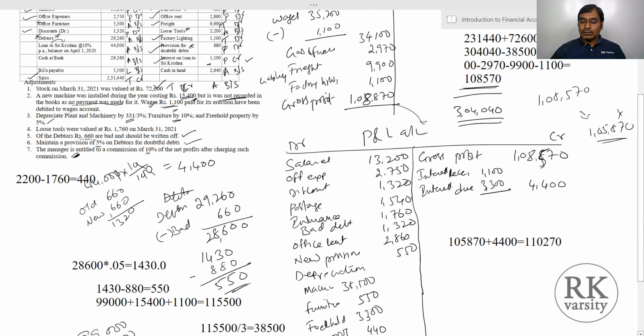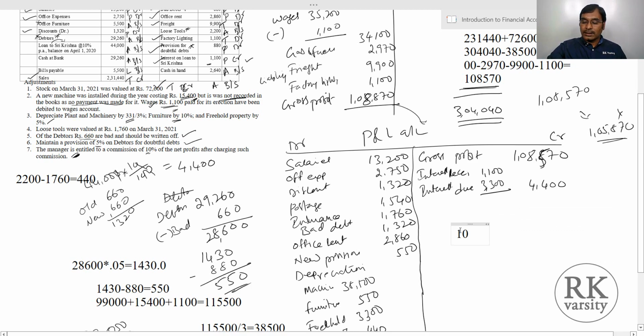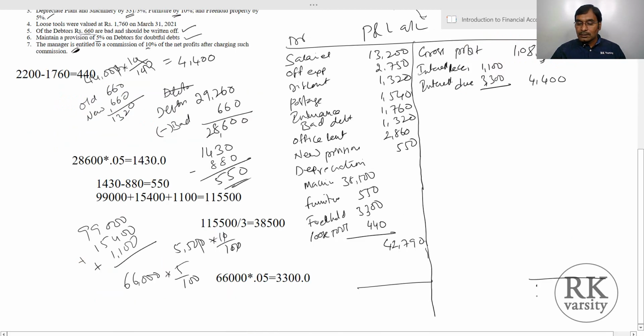So now your net profit is 1,08,570 plus 4,400. So this is 1,12,970.